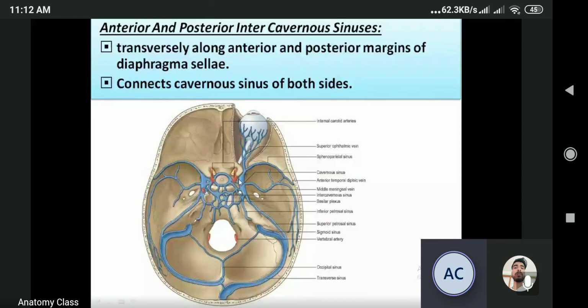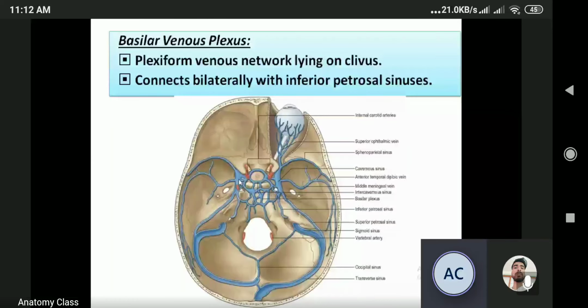The next unpaired one is the basilar venous plexus. Once again, here the vault of the skull has been removed, and this largest foramen within the interior of the skull is the foramen magnum. Just in front of the foramen magnum, a sloping part of the sphenoid bone and the occipital bone is present, which is known as the clivus.